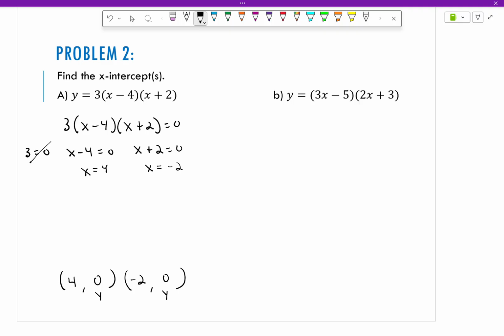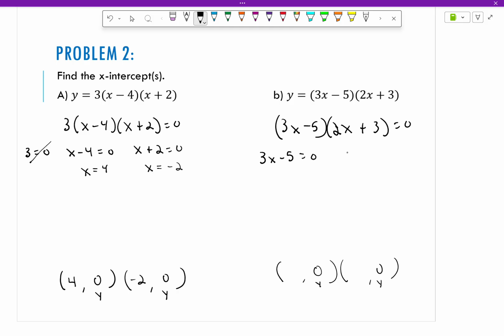Same idea with the one on the right. Our x-intercepts have y values that are 0. So I'll make that y into a 0. So I will write it out. Zero product property, set them each equal to 0 and solve.